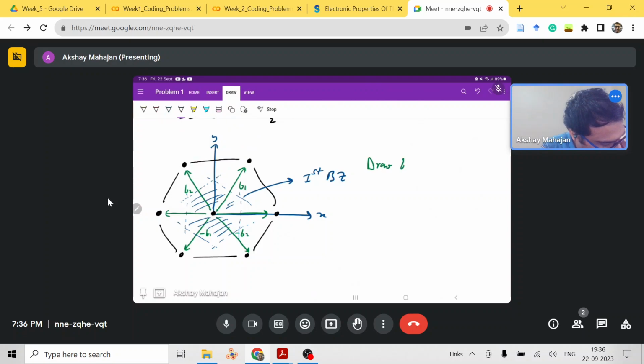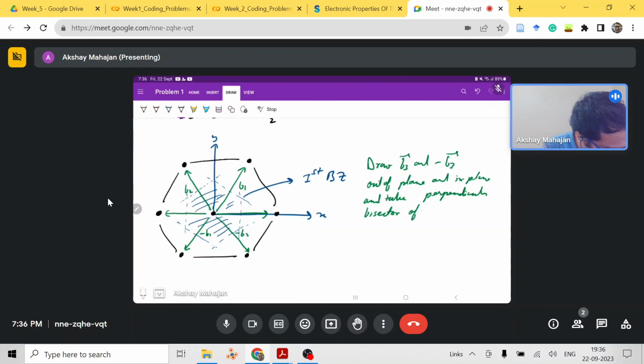Draw B3 and minus B3 out of plane and the in-plane vectors, and take the perpendicular bisector of them to get the Brillouin zone in 3D.